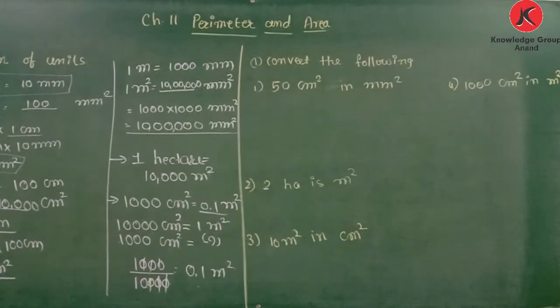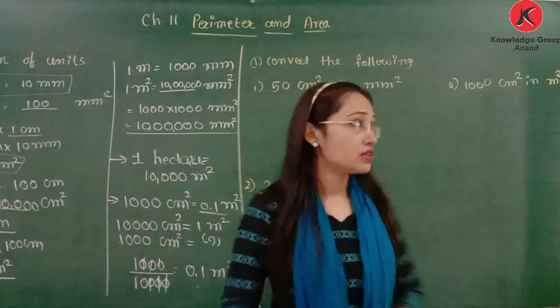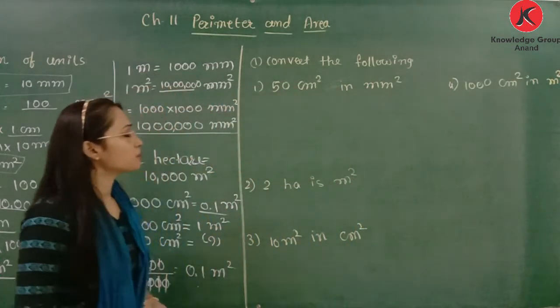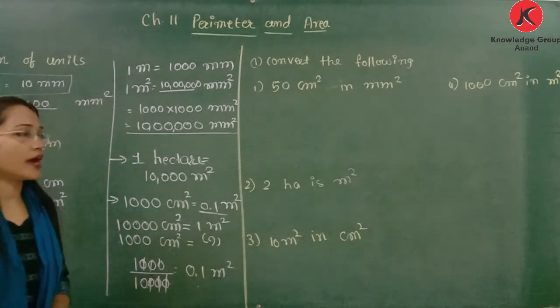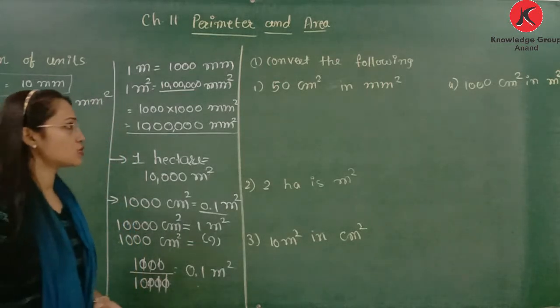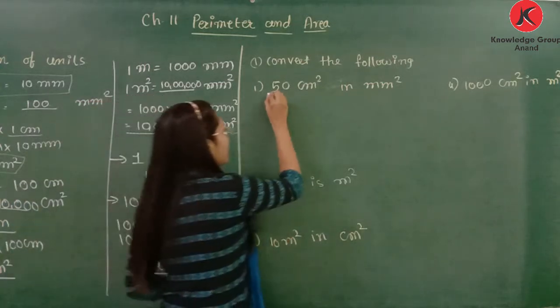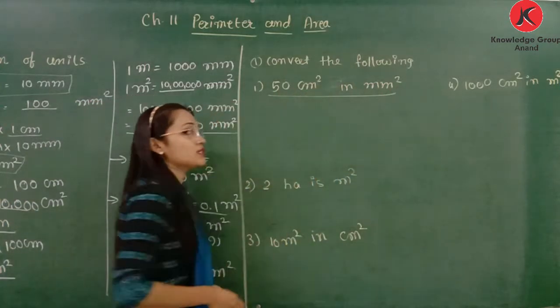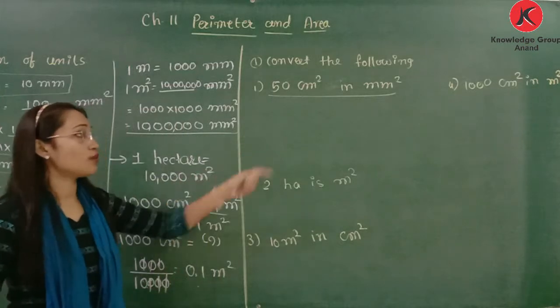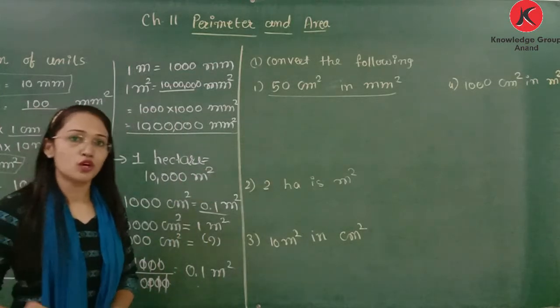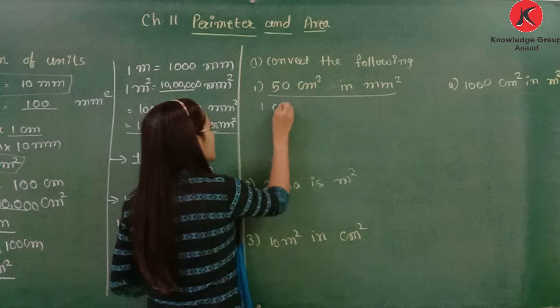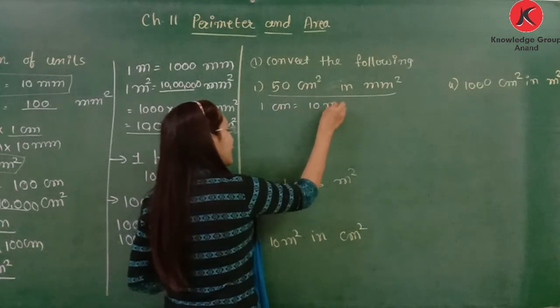Now let's use this conversion in an example. So here the first example given on your right is to convert the following units. First is 50 centimeter square in mm square. If you don't remember how much 1 centimeter square is in mm square, then you need to start from here. 1 centimeter is equal to 10 mm.